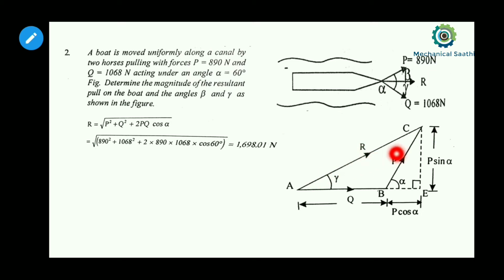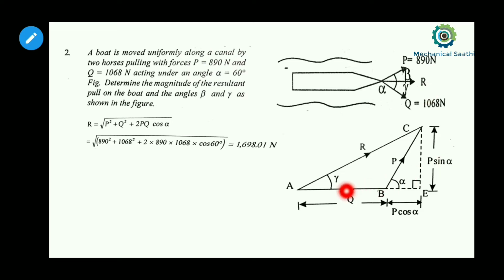Let us find the value of gamma. We know that the addition of beta and gamma gives us alpha, and we know alpha is 60 degrees. So if we can find gamma, then obviously we can find beta.